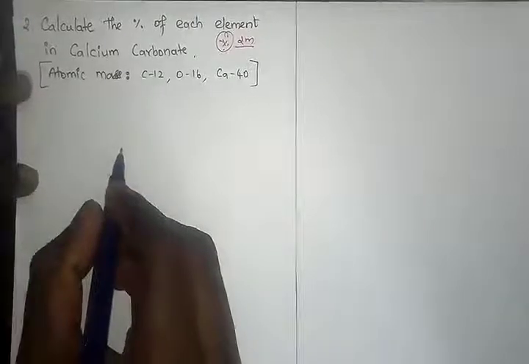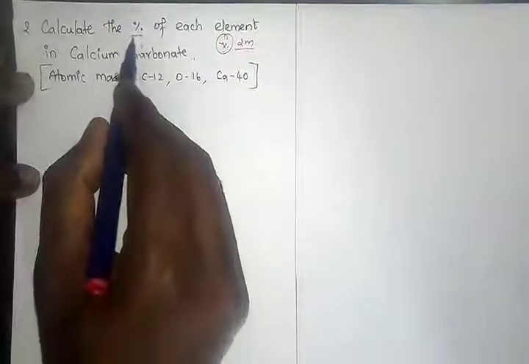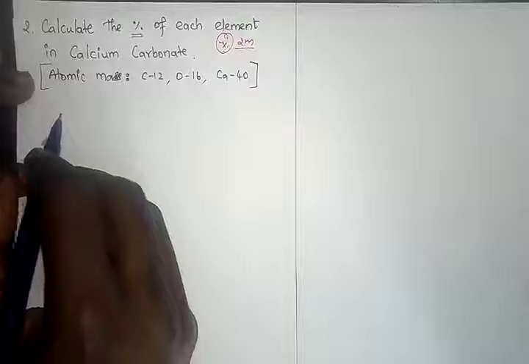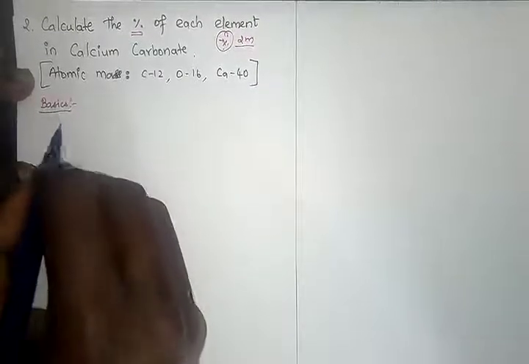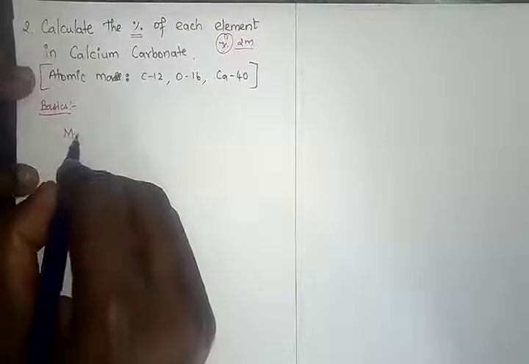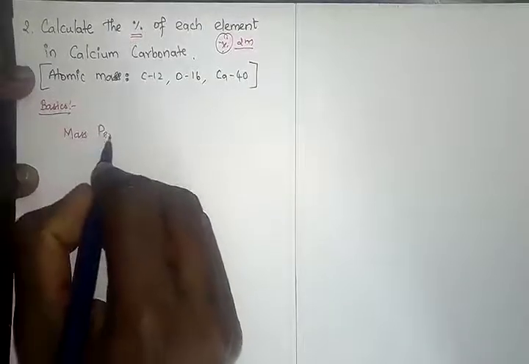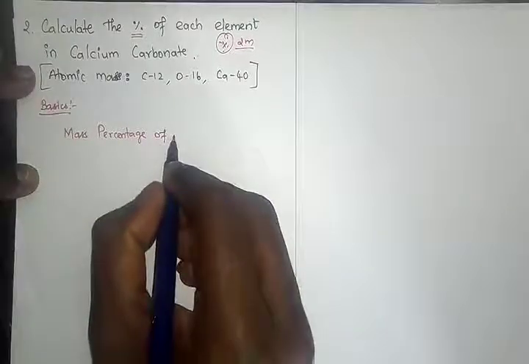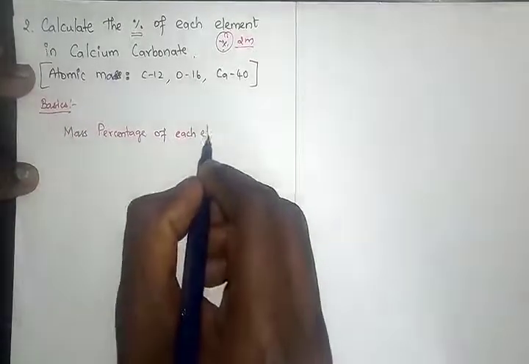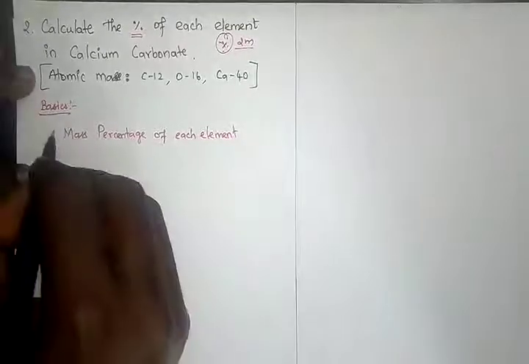All we need to know is how to calculate this percentage. So first of all, what are the details we should know? Basics we will see. We have to calculate the mass percentage of each element. So this is the first one.